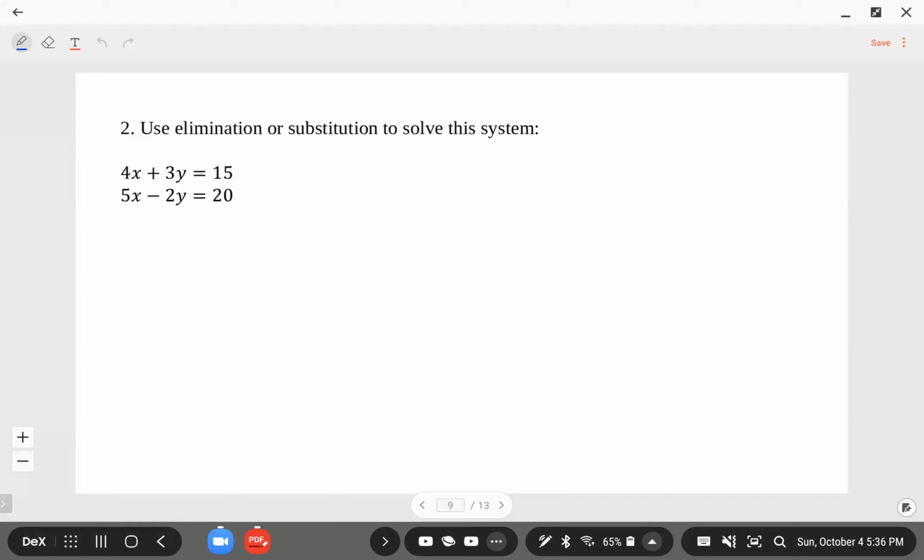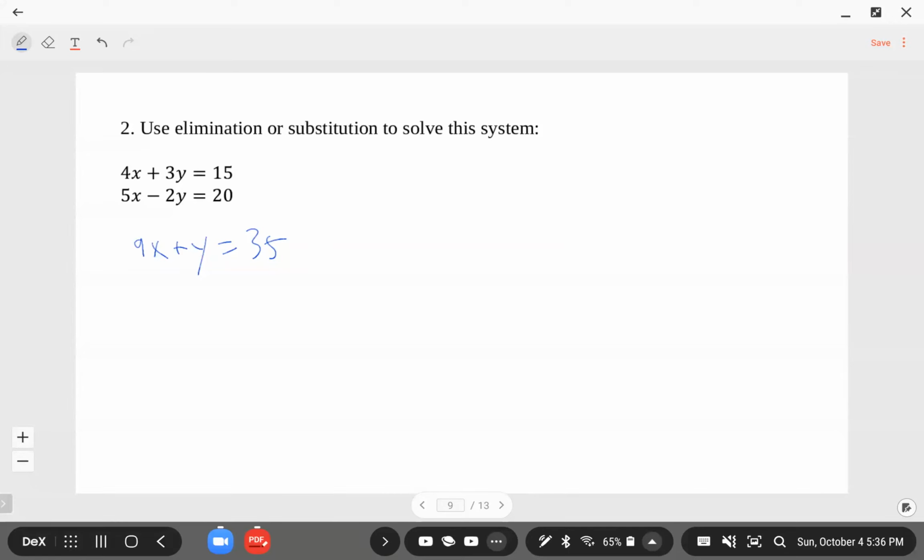Now, let's try adding. Don't write anything on your papers yet. Let's try adding the equations. So 9x plus y, because 3y plus negative 2y equals just y, and then equals 35.